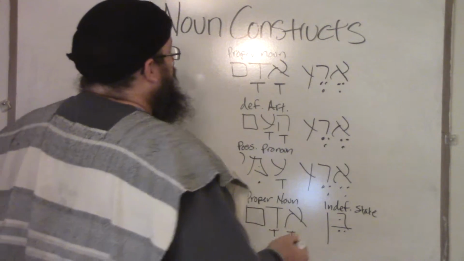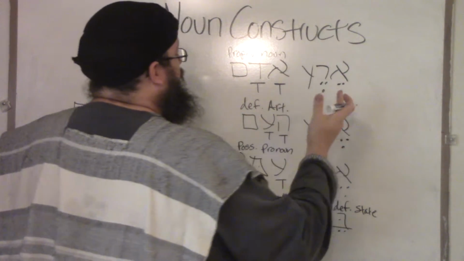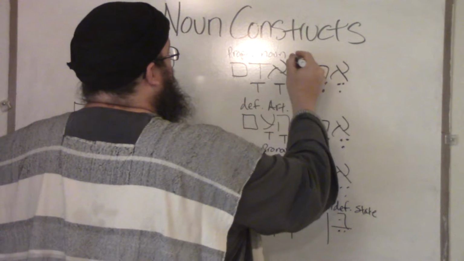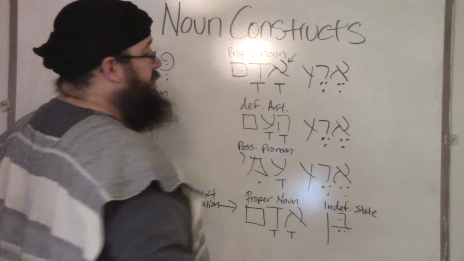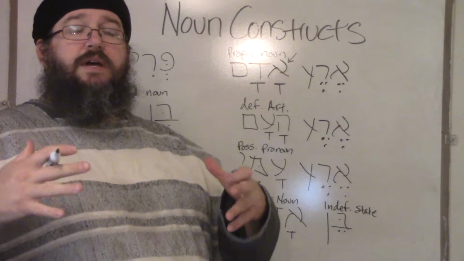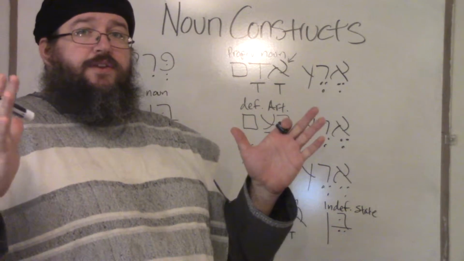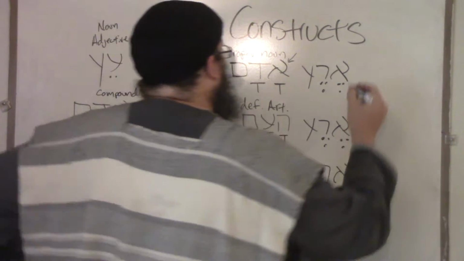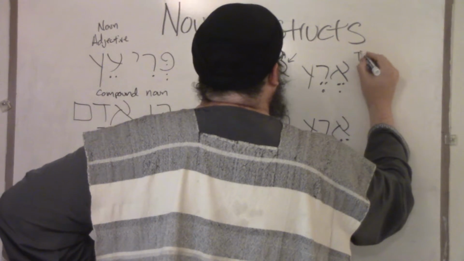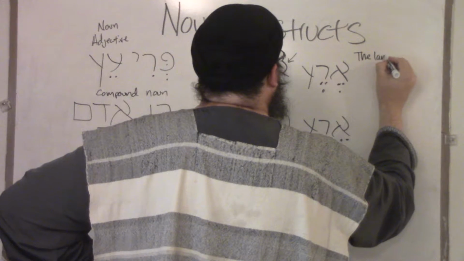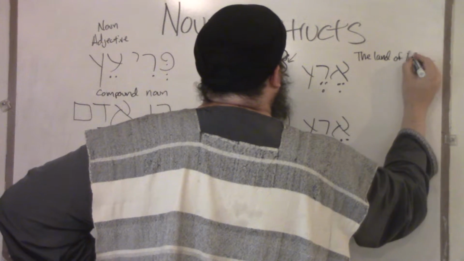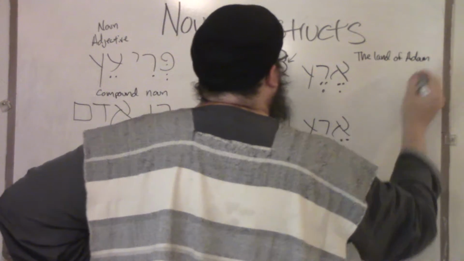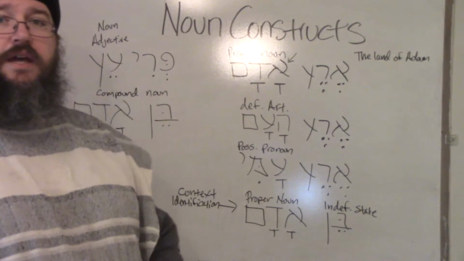In English, we have to know that the word Adam is a definite noun. And so, in this case, we say the whole noun construct is definite. And so how we would translate that is we would say the land of Adam. Okay? The land of Adam.